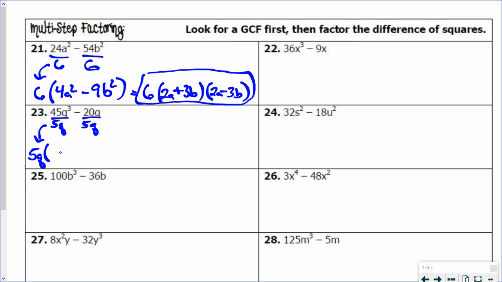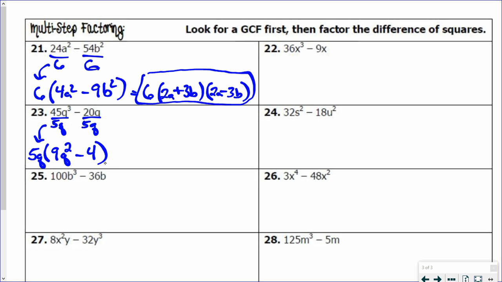So 45q cubed divided by 5q would be 9q to the second power. Remember, a power divided by a power with the same base, you subtract the exponents. So this is 3 minus 1. That's why it's 2. Minus 20 divided by 5 is 4. And the q's just cancel each other out.